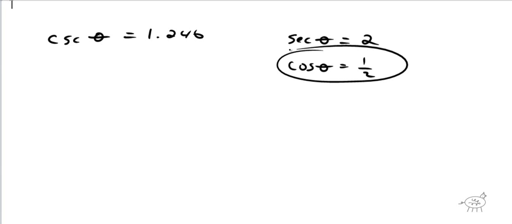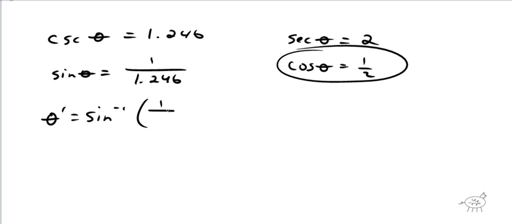So cosecant of theta is equal to 1.246. You need to write it as sine of theta is equal to 1 over 1.246. Okay? Because once you have that, then it's just like the problems we just did like 2 seconds ago. Now you're going to say, oh, well, I need to do theta prime is inverse sine of that 1 over 1.246.